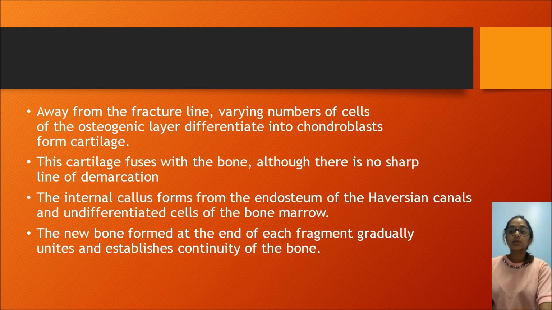This cartilage will then fuse with the bone, although there is no sharp line of demarcation. The internal callus will then form from the endosteum of the Haversian canals and undifferentiated cells of the bone marrow. The new bone formed at the end of each fragment gradually unites and establishes the continuity of the bone.